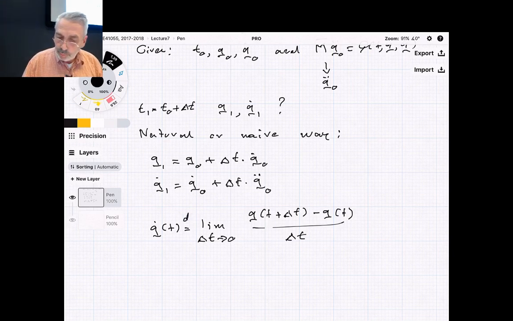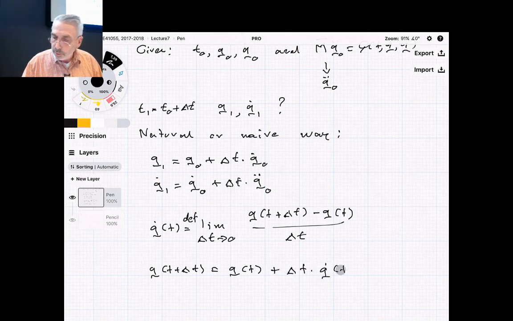So maybe I write def here. Well, if that is the definition of speed, then I can juggle with all these variables and get what the speed is, because I reorder everything, and then I say q(t plus delta t) is apparently equal to q(t) plus delta t times q dot at t, right?